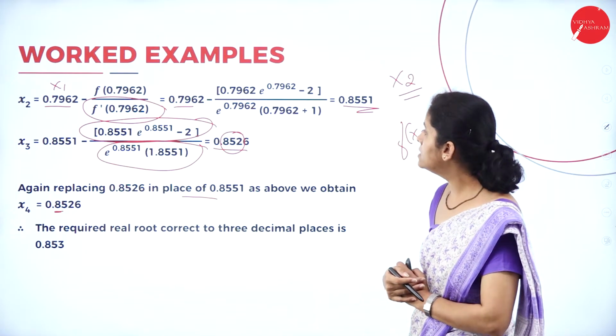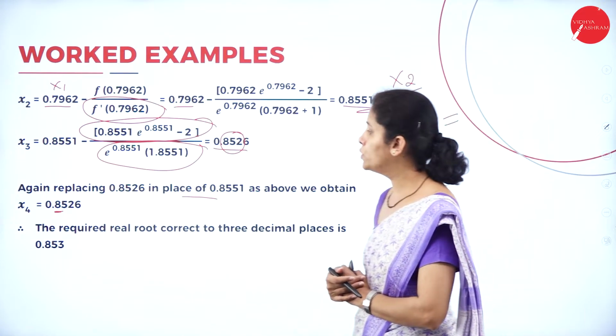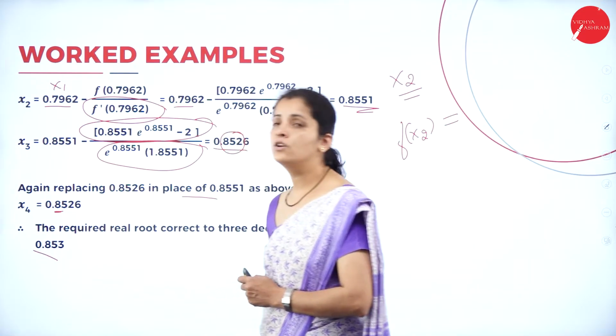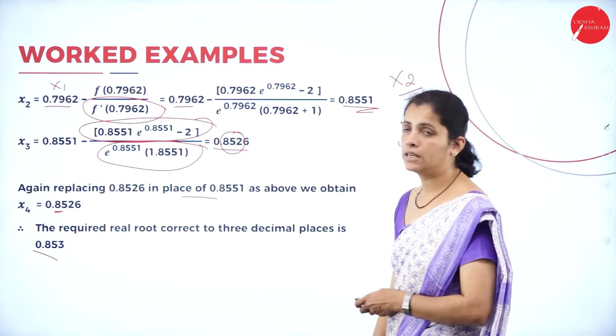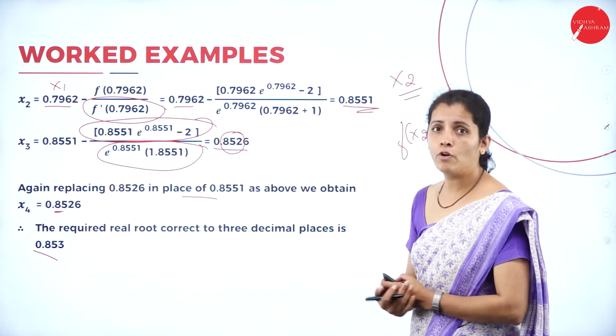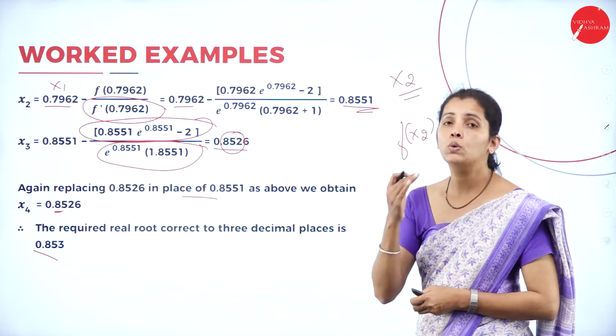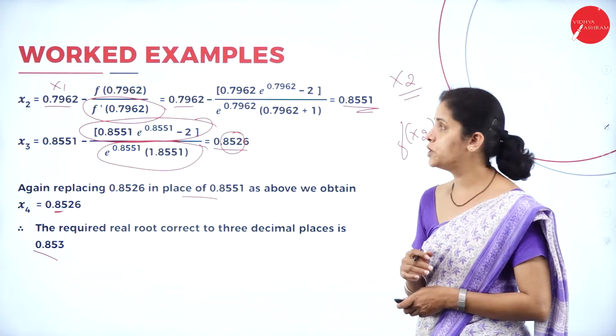And when I consider the third and fourth iterations, I'm going to get the answer 0.853. So, by using the Newton-Raphson method, I am able to find the roots of an equation.